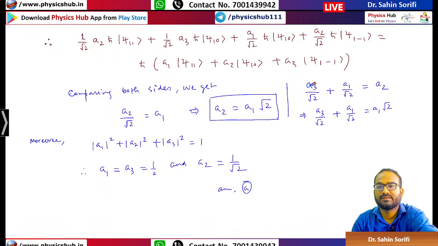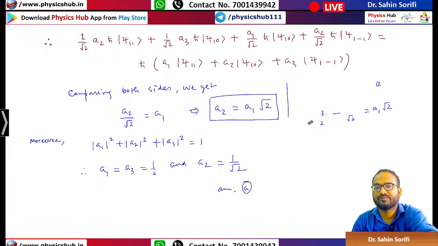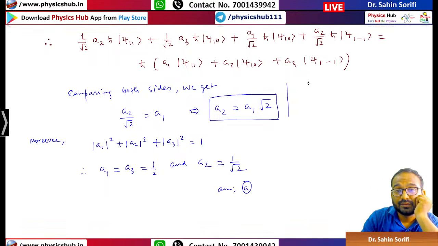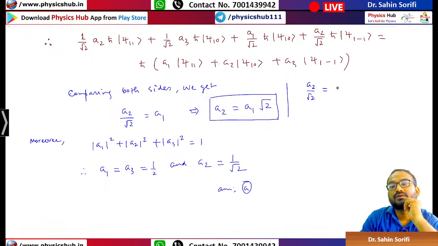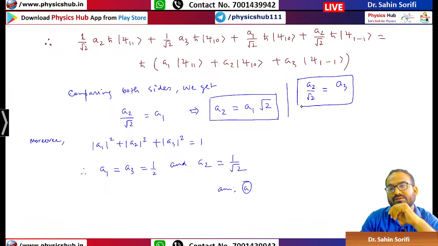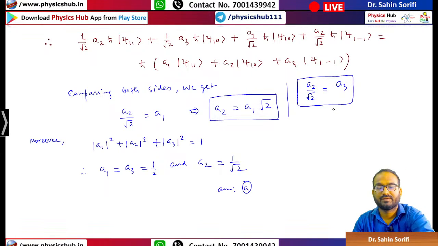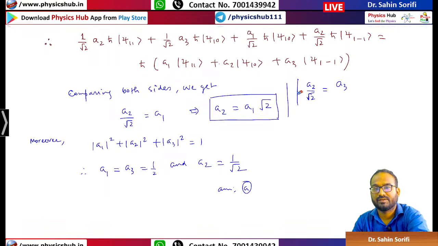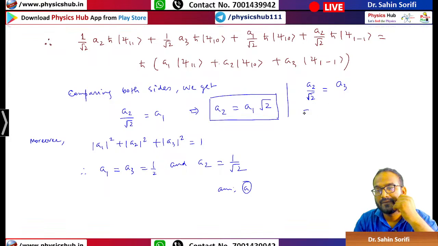Acha, I think you need one more relation because in the first two options we are confused. So a2 by root 2 is equals to a3. Okay, after these two relations we can say, or better if we write a3 is equals to a2 by root 2.